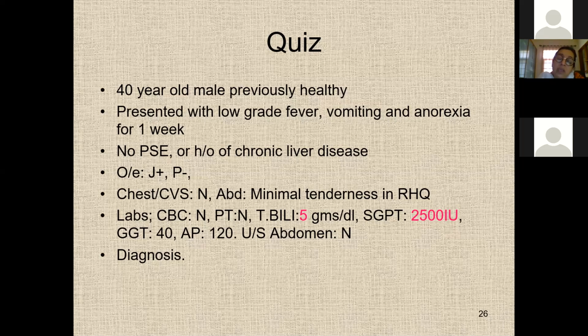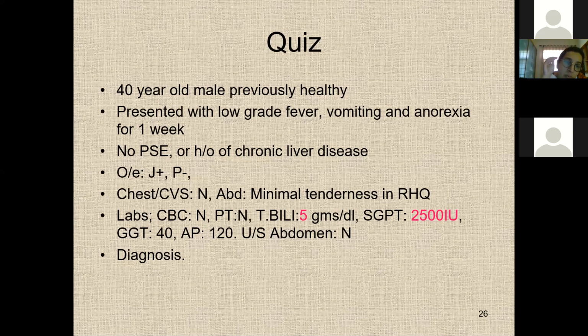So if you see here, basically the primary component which is increased is SGPT with slight derangement in bilirubin level. So the patient is having liver injury, inflammation of the liver, itis, which means hepatitis. And as I've said, it's acute. So the patient, with a short history, is having acute hepatitis.